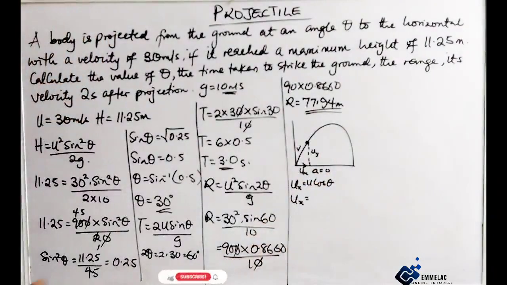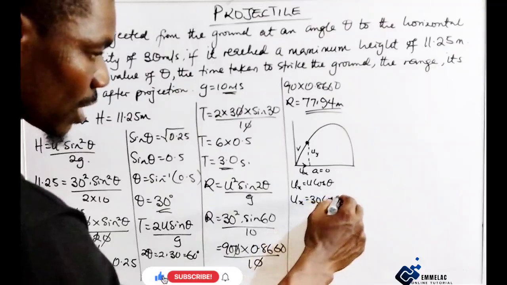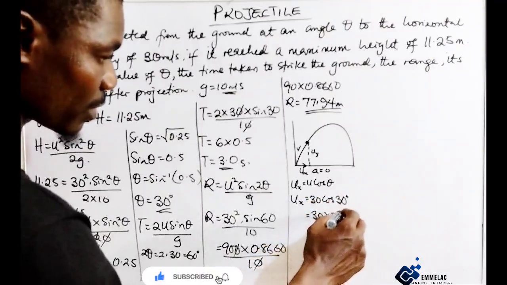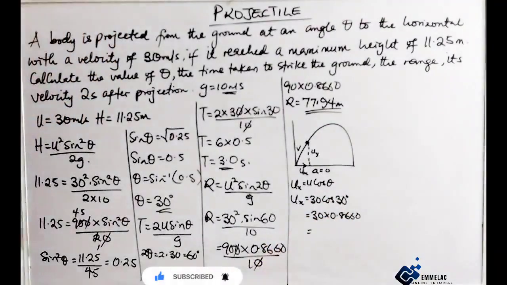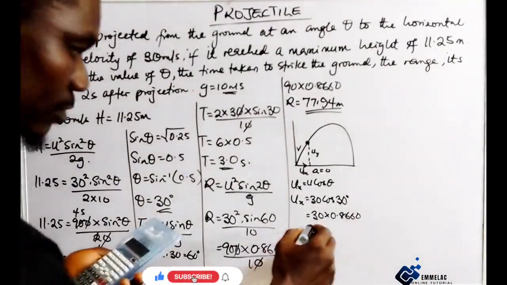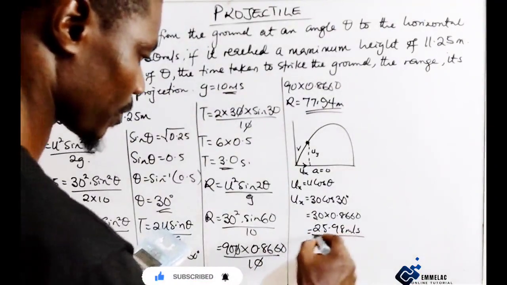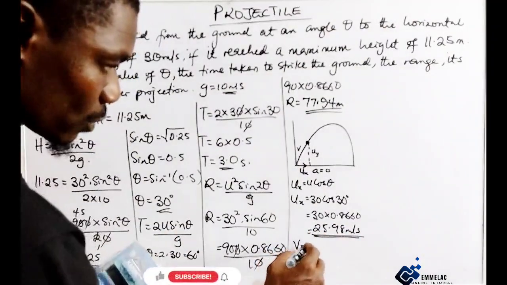Our u is 30, so we have 30 times cos 30, which is 30 times 0.8660. This gives us 25.98 meters per second.